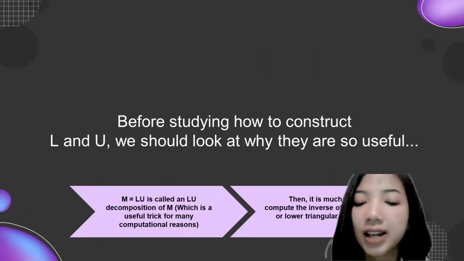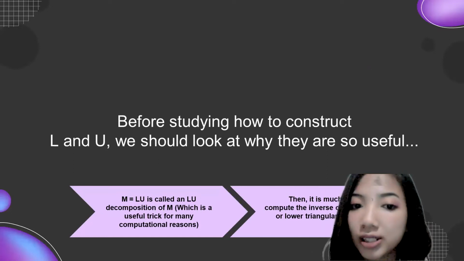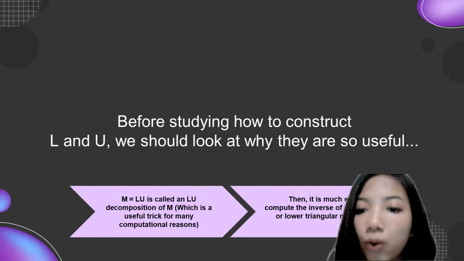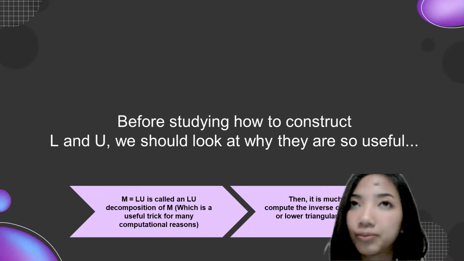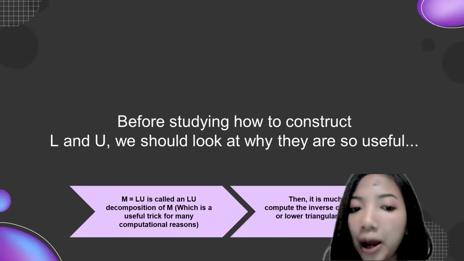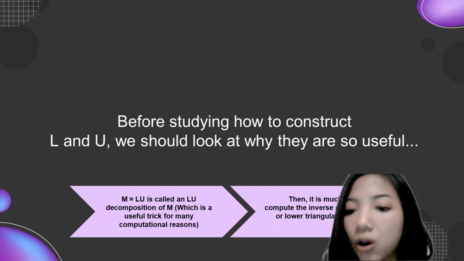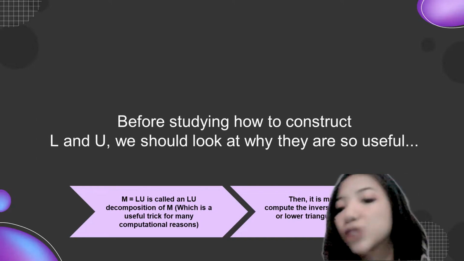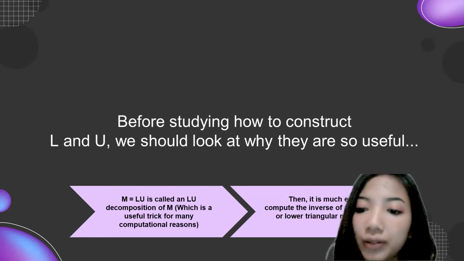Before understanding how to construct L and U triangular matrices, we should look at why they are so useful, and why it is so helpful in the world of computer science. So M equal to LU is called an LU decomposition of M. This is a useful trick for many computational reasons.